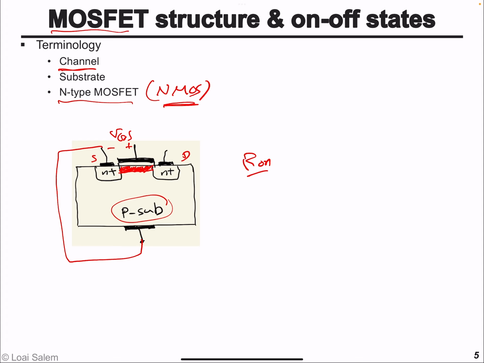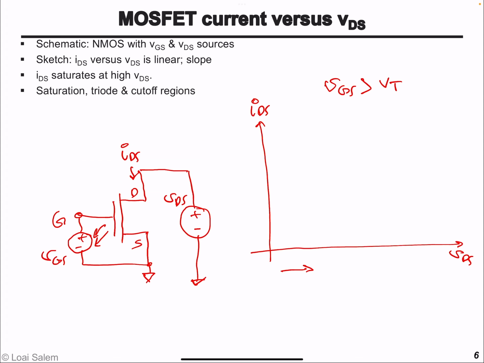So when the transistor is on, it behaves as a resistor. If we apply a voltage difference across the terminals of this resistor, say VDS, and we increase this voltage VDS, what will happen? The current in this resistor will increase linearly from Ohm's law.